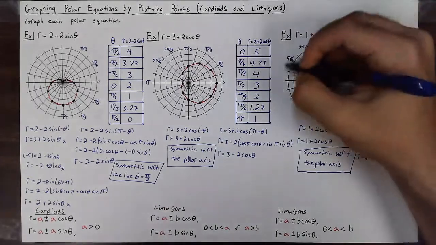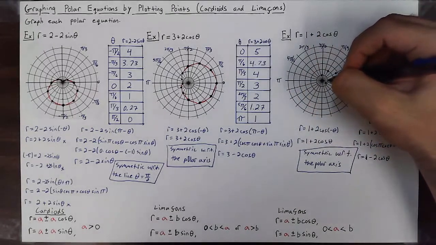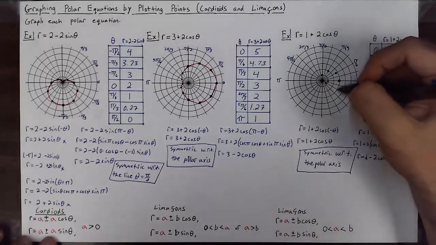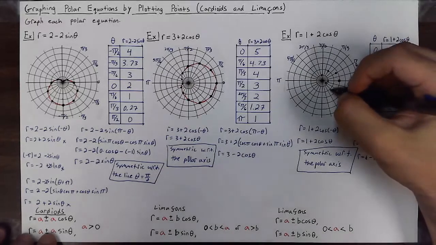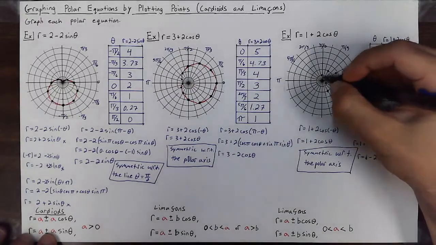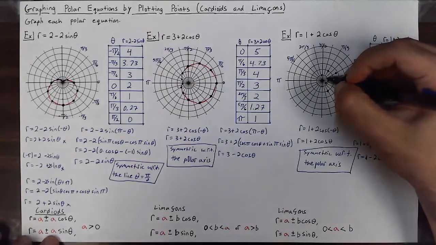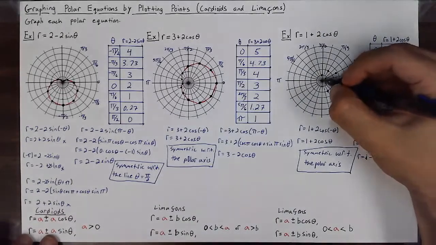Then at pi, it's a negative radius, so it wouldn't go left, it would actually go right to this 1. And now all these points reflect. So this point reflects down here. That point reflects over here to 2. This one reflects to 1. And this point reflects over here. And you still have your point at your pole and everything.